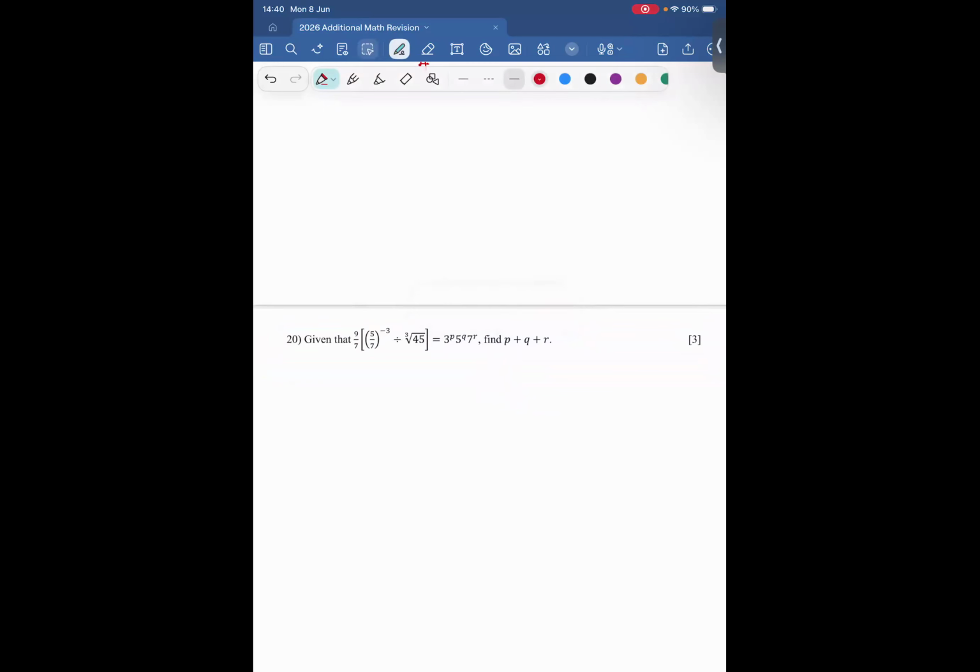So you must first change everything to 3 power something. Everything must be changed to your index form first. So 9 is just 3 square.